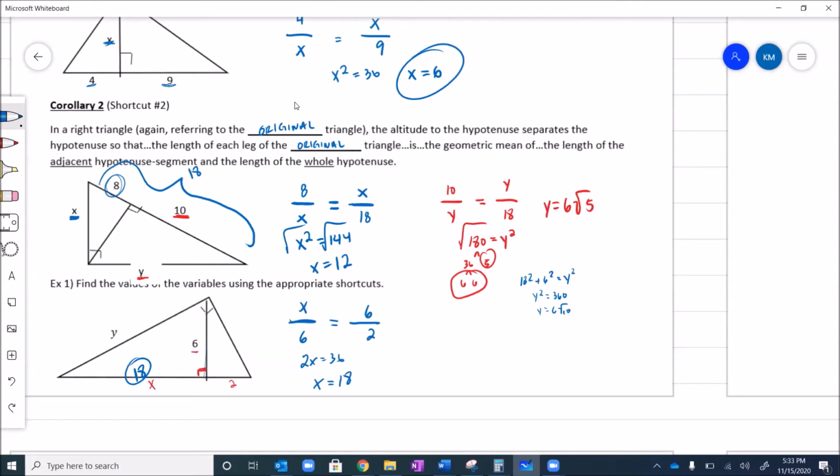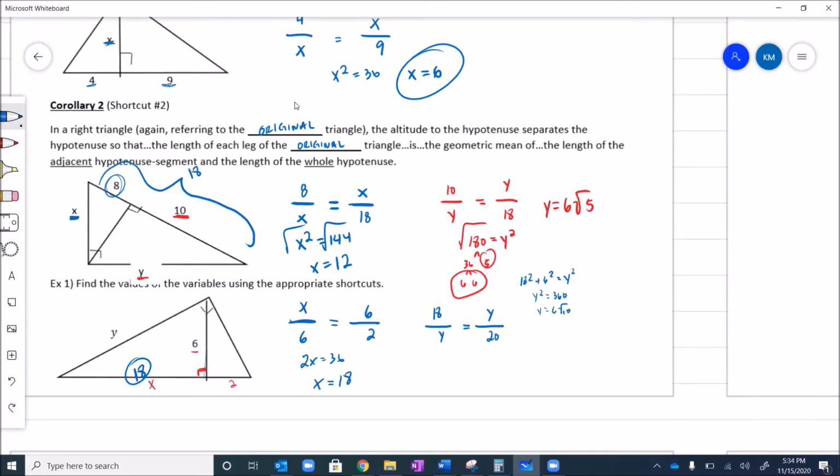Let's use our corollary. Our corollary said that the leg of this triangle should be the geometric mean between the side it's closest to, which is 18, we just found that out, and the entire hypotenuse, which is 18 plus 2, 20.